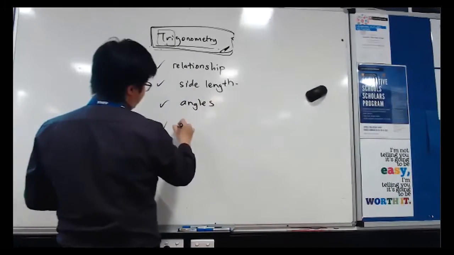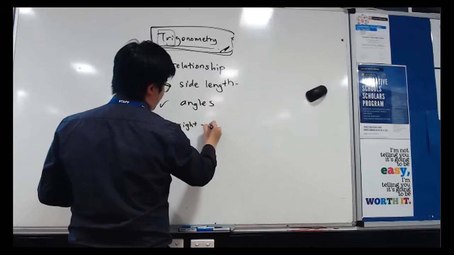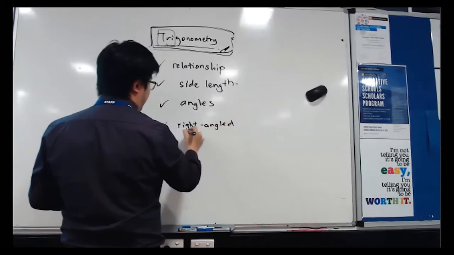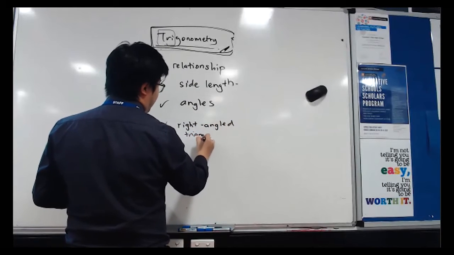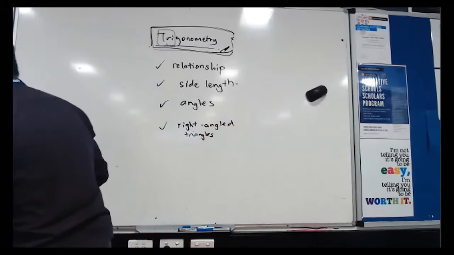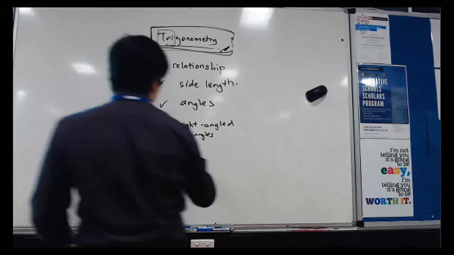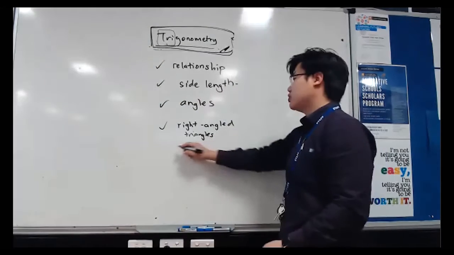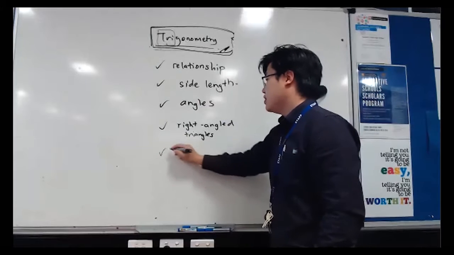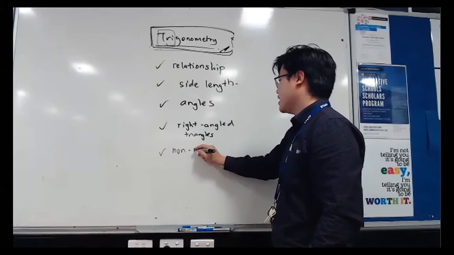Of course, in the beginning we will be dealing with lots of right angle triangles, but as John Norman asked a really good question, it's not necessarily only right angle triangles. Sometimes we might also deal with non-right angle triangles.